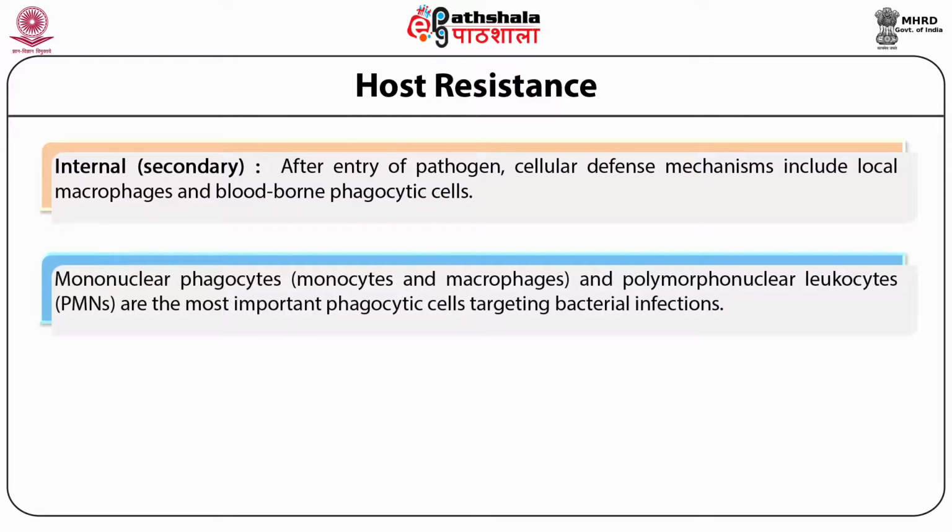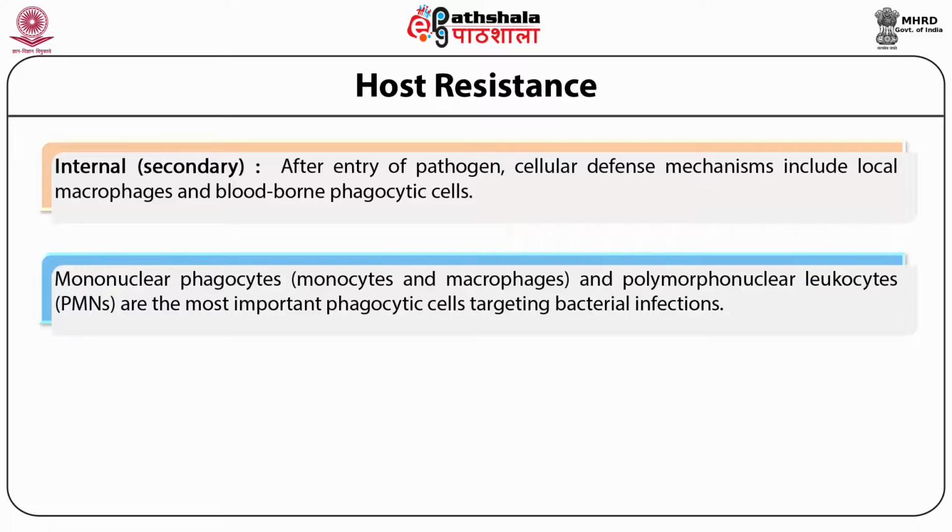The mononuclear cells, monocytes and macrophages, and polymorphonuclear cells, also known as PMNs, are important phagocytic cells. So they will target whatever pathogen enters the body, and they will engulf the pathogen and destroy them.